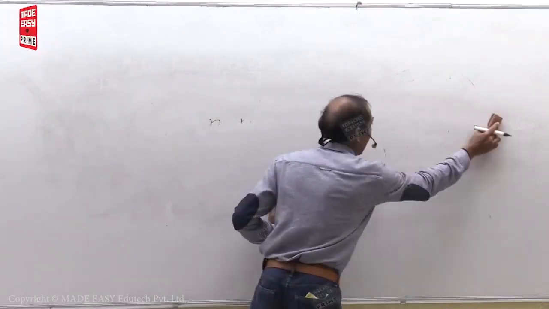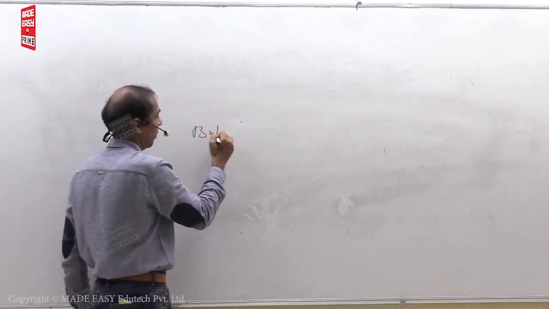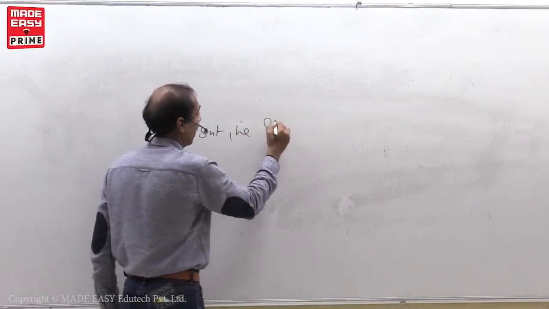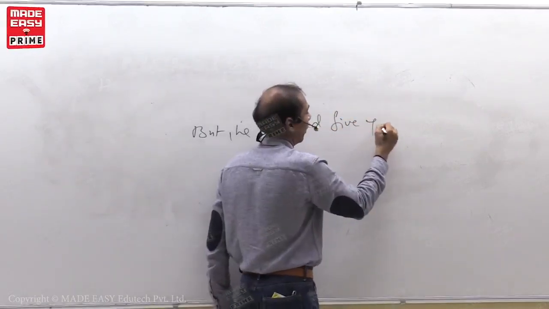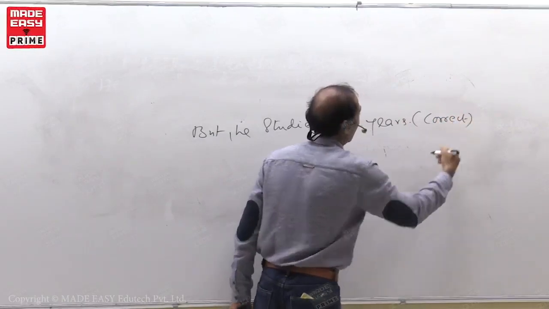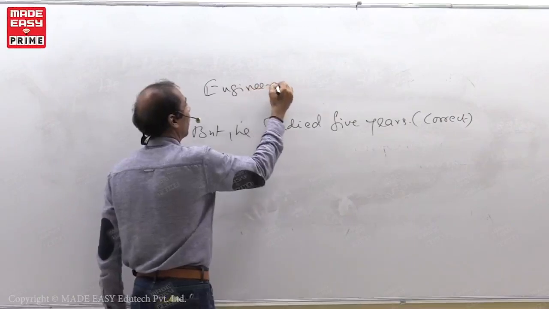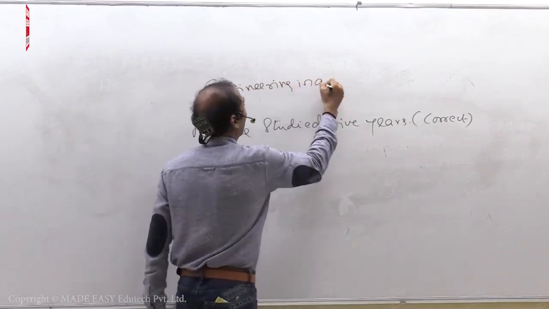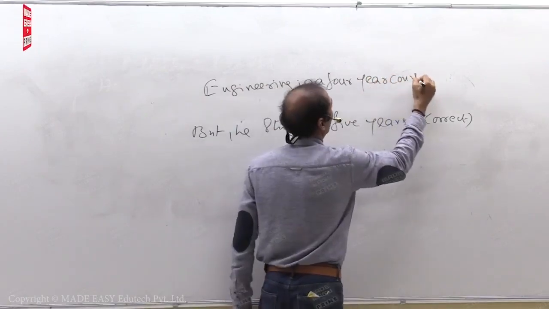See, engineering is a 4 year course, right? But he studied 5 years. This is correct. Engineering is a 4 year course.